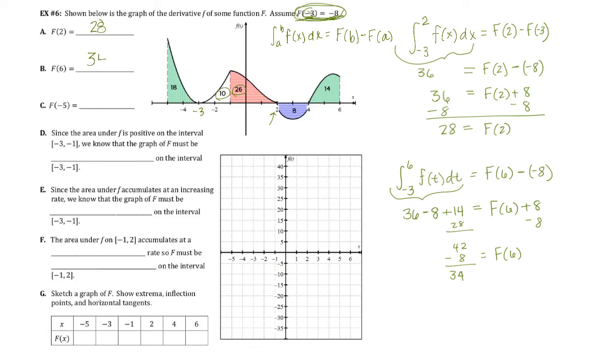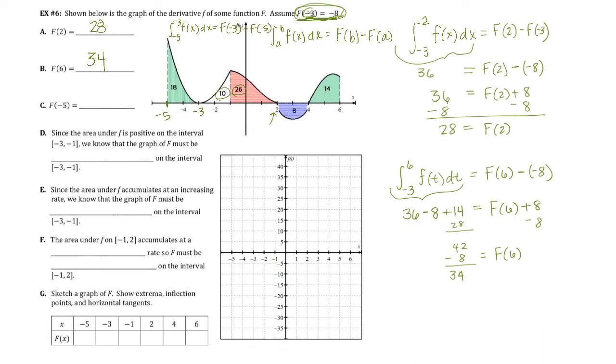Okay, and again, we're going to set up the same thing for f at -5. So way back over here is -5. And so let's see what we can do for that one. And we're going to set up the same process. And I'm just going to work it out up here. We know that we're going to be integrating from -5 to -3 of f of x dx. And that's going to give us f at -3 minus f at -5.